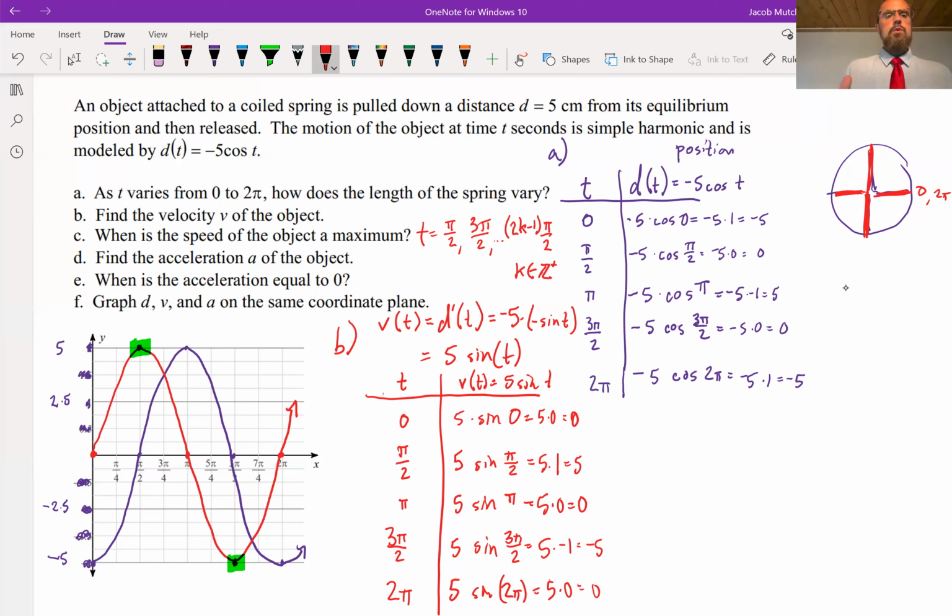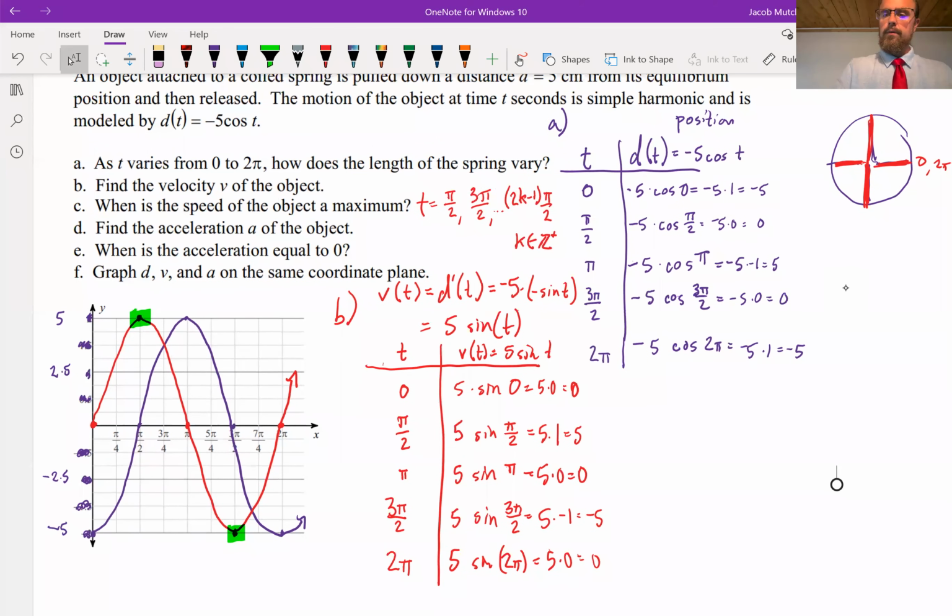So that takes us now to part D, where I want to find the acceleration of the object. Recall from our work with rectilinear motion that if I'm looking for the acceleration, that again is the derivative of velocity.